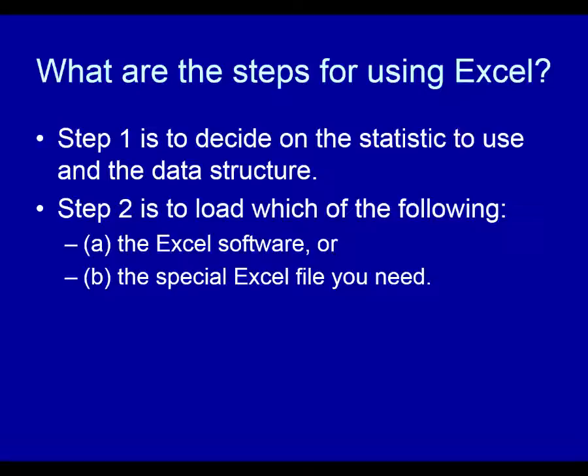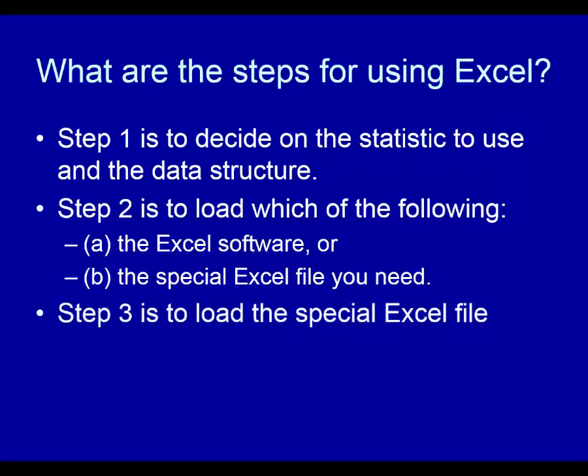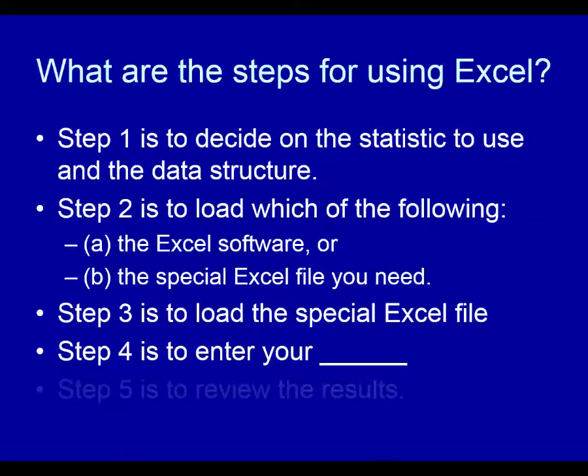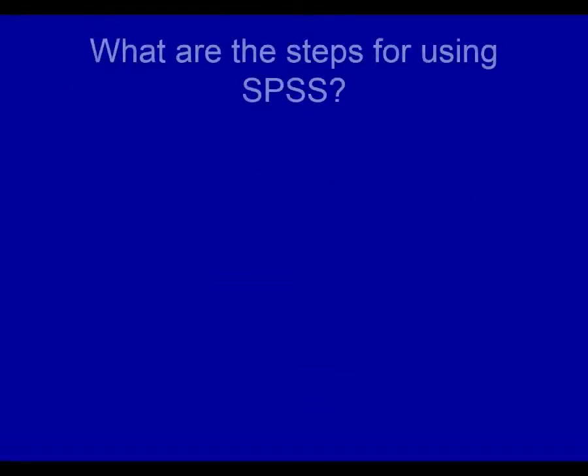So obviously A is first and B is second. Step 3 is to load the special Excel file. So you've loaded Excel in your computer, then you load the special Excel file. Step 4 is to enter your what? Your data. Step 5 is to review the results. That's basically how it works.